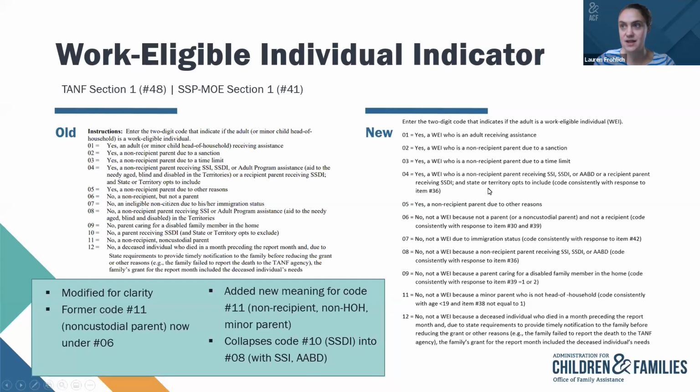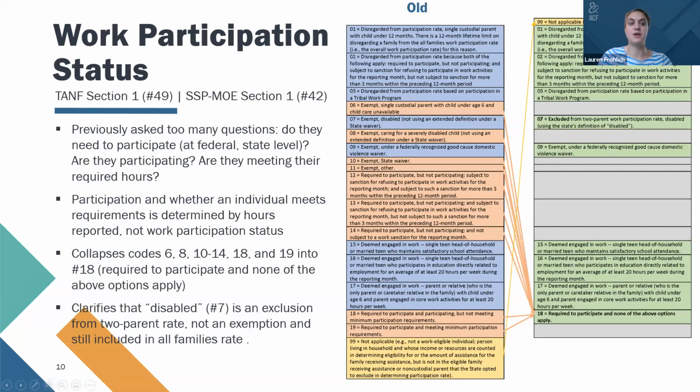The next one that is similarly cumbersome is work participation status. So we really dove deep into this one because we realized that the former old work participation status was really trying to ask a lot of questions. It was simultaneously asking, does an individual need to participate at the state level or the federal level?